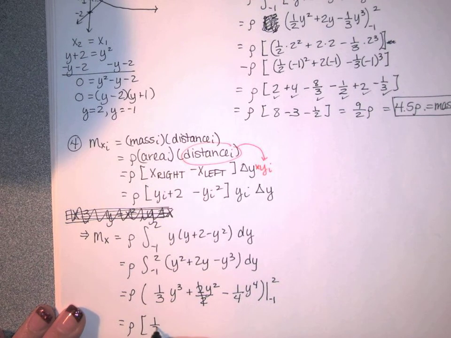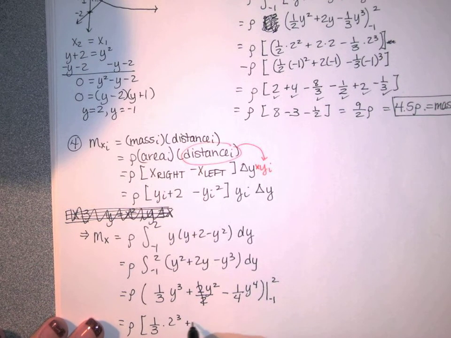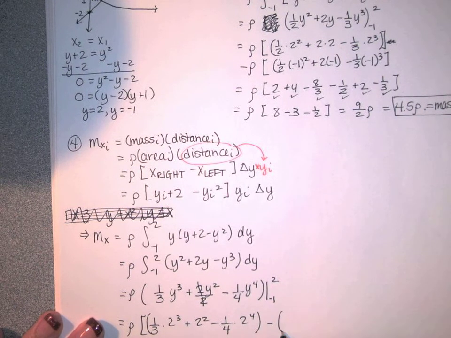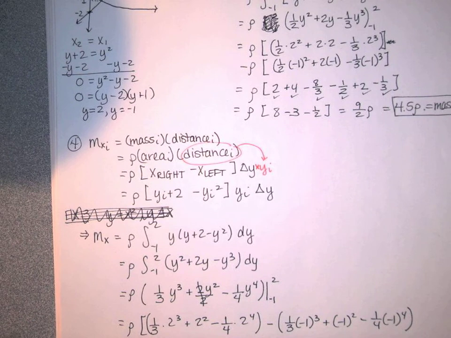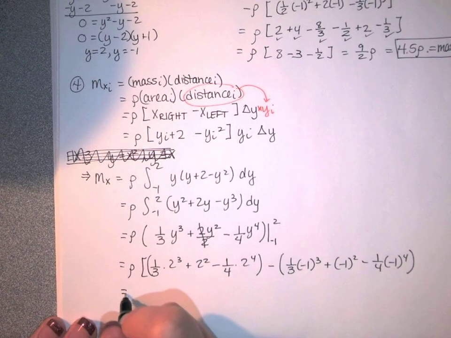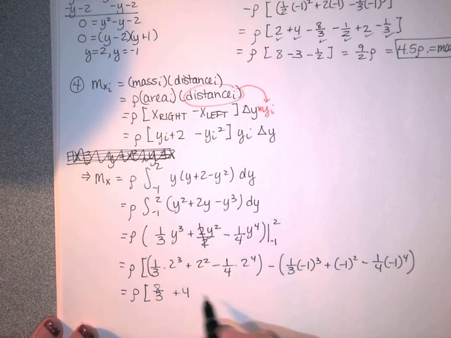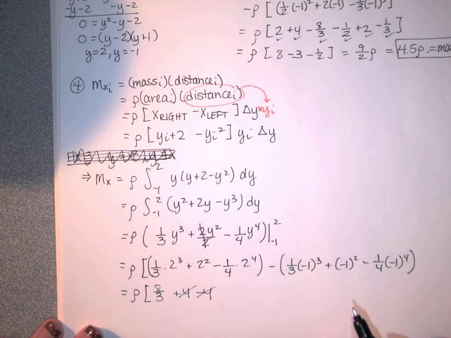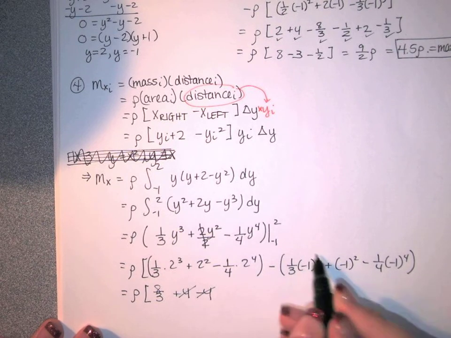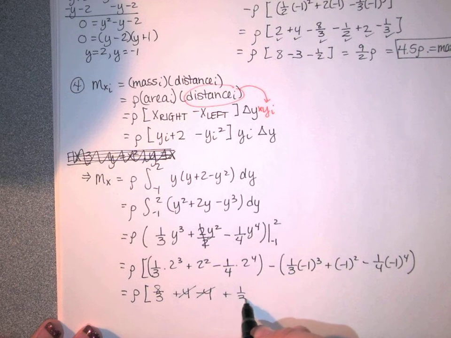So you've got rho times 1/3 times 2 cubed plus 2 squared minus 1/4 of 2 to the 4th. We're subtracting 1/3 times -1 cubed plus -1 squared minus 1/4 times -1 to the 4th. All right, getting into the arithmetic now. I've got 8/3 plus 4. 16 divided by 4 is 4, so those reduce. And then I've got a -1/3 times -1, which is positive 1/3. 1 times the -1 is -1.